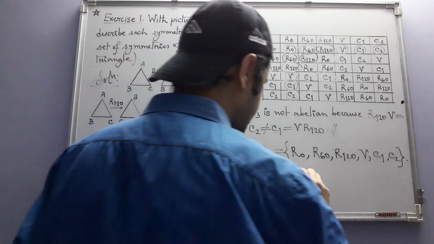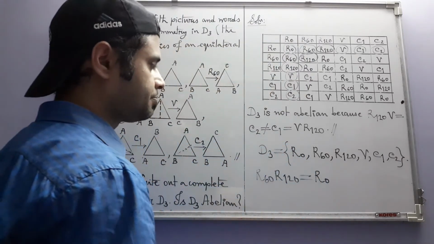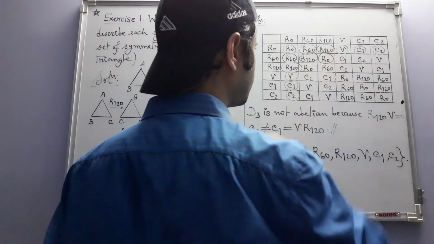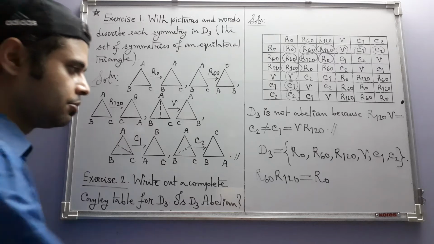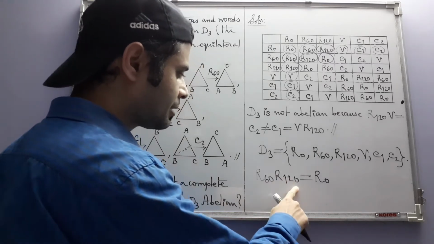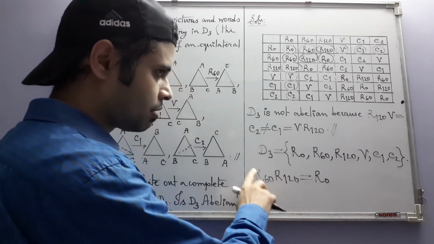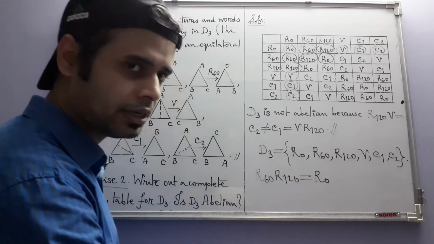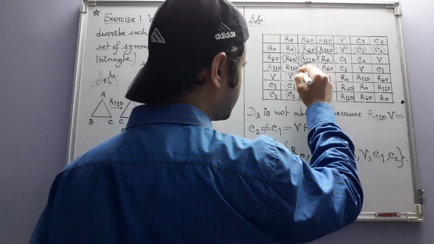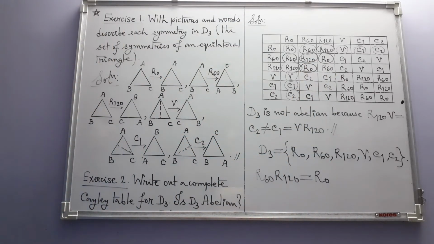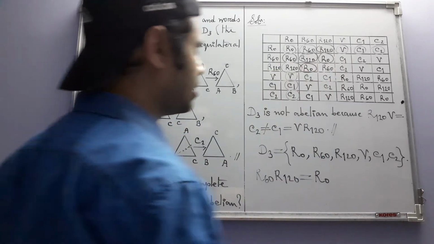So that's the same as R naught. And you can see that whether you first perform R120 and then R60, or first R60 and then R120, it does not change. You still get R naught. So this entry also has been interpreted properly.